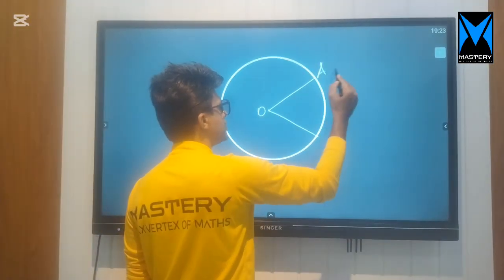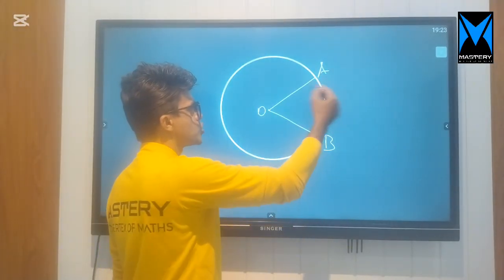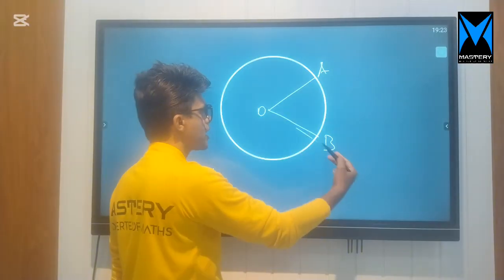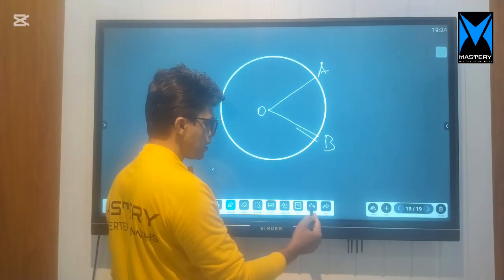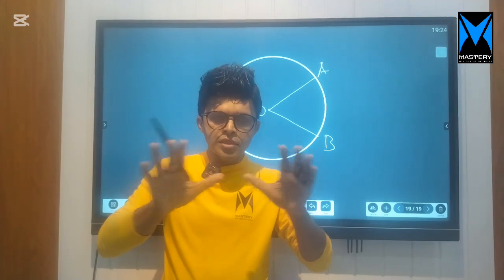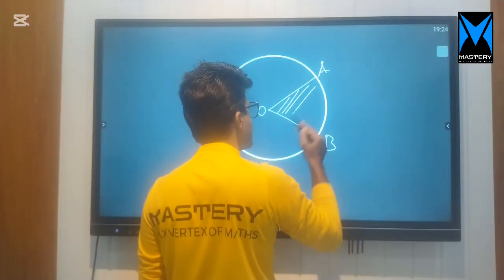This is a radius, and this is a radius. OB is a radius, OA is a radius. A sector is a certain region bounded by an arc and two radii.